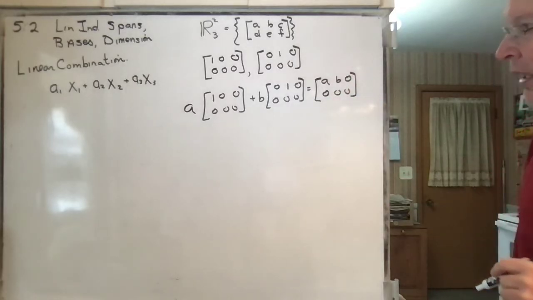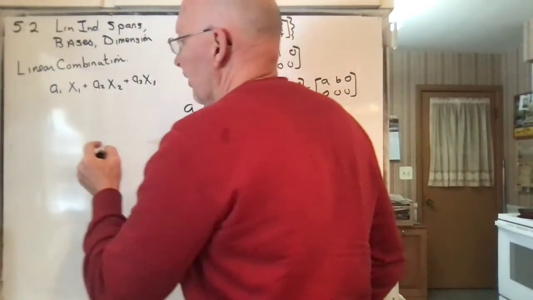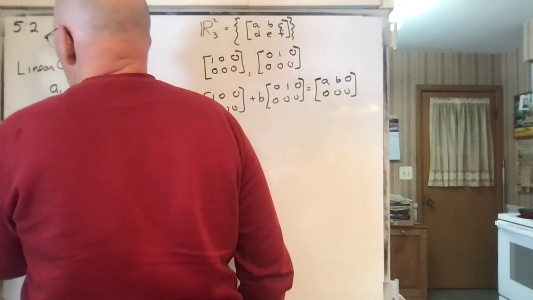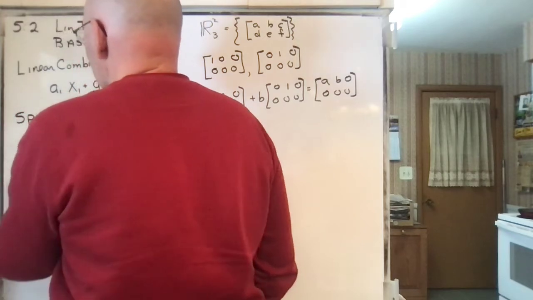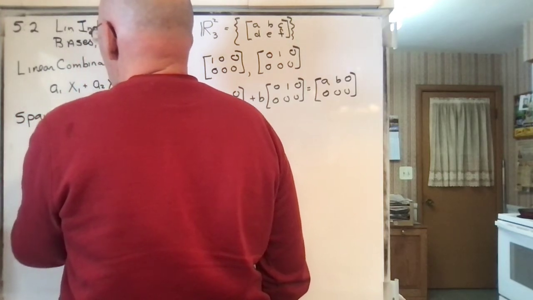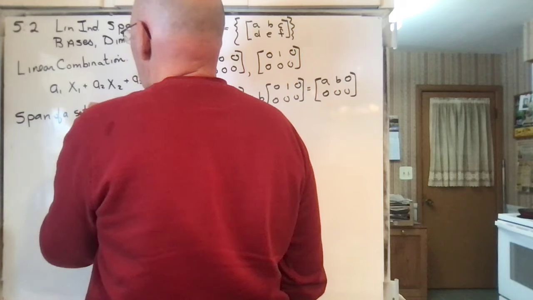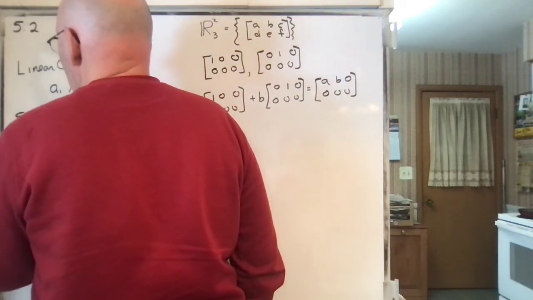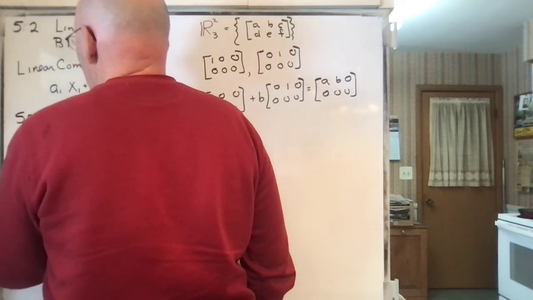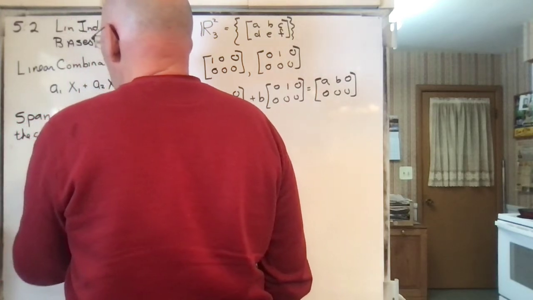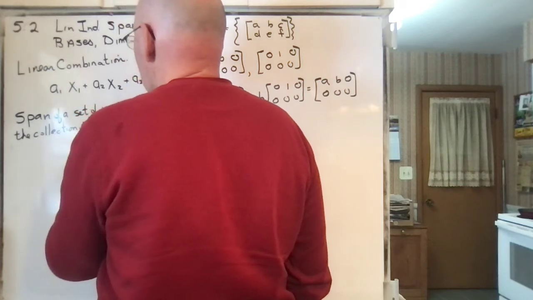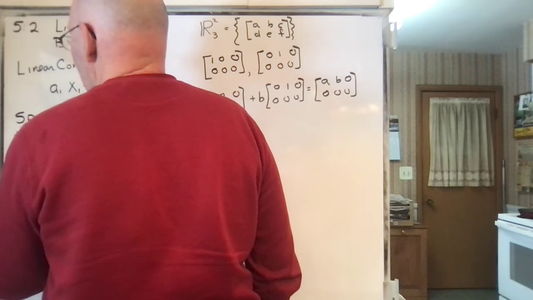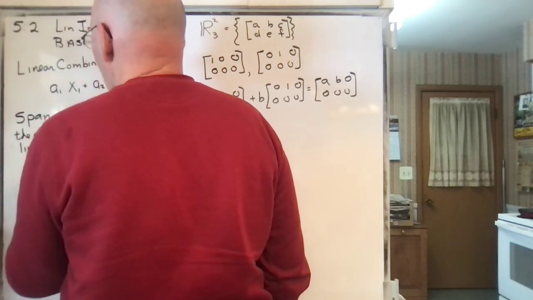Okay? So that's called the span. The span of a set of vectors is the collection of all linear combinations of that set.